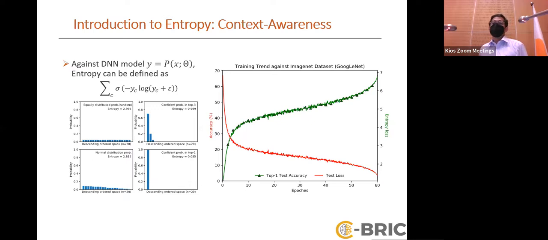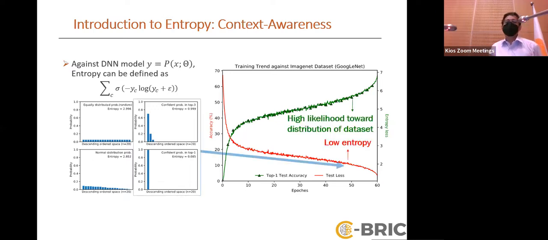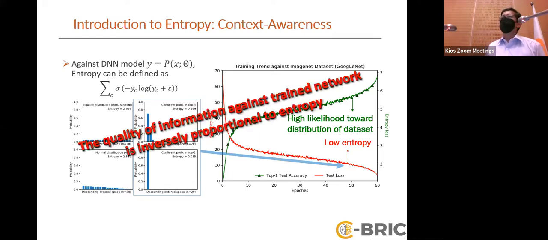In a trained model, you're already training the model to increase the likelihood that whatever is detected tends towards the data set, which means you have a low entropy. That's really what you're doing in the training part. So we landed up using this entropy as a proxy, a metric of the usefulness of a particular view.